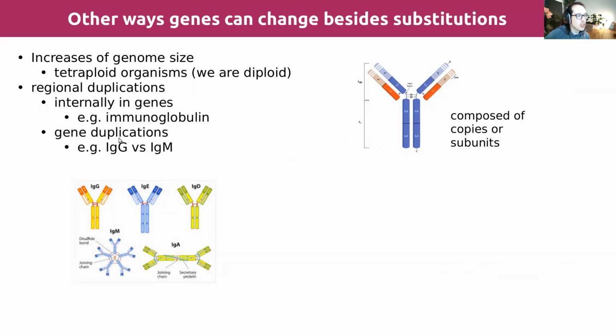You have whole gene duplications that give rise to different proteins. The Ig family, for example, has many members that share a common ancestor, but they are today separate molecules, all residing in a single system in every person. We have IgM, for instance, involved in the early immune response, and IgG, the classic antibody, involved in the later adaptive immune response.